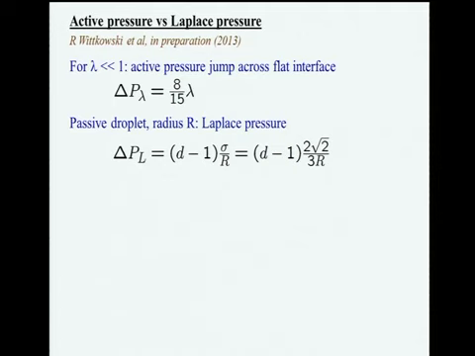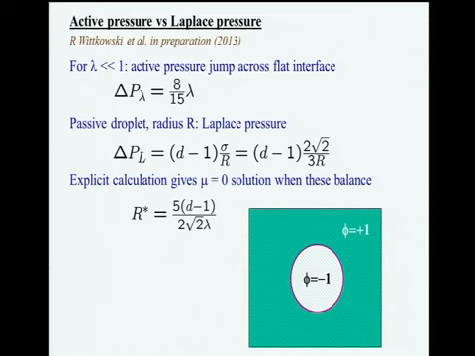So the explicit calculation tells you what this pressure jump across a flat interface is at small lambda, perturbatively 8/15 lambda. The theory, as I wrote down with the unit coefficient of the standard square gradient term, also has an interfacial tension. So I can write that down as for lambda equals 0. And I can calculate the Laplace pressure as the pressure difference across the curved interface of a droplet.